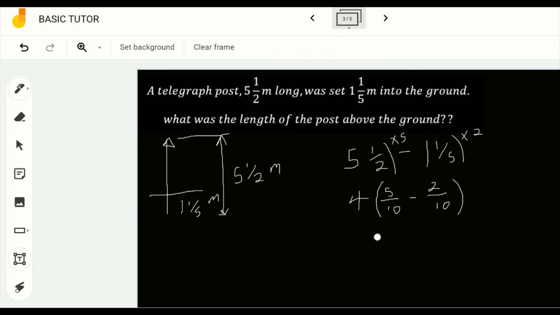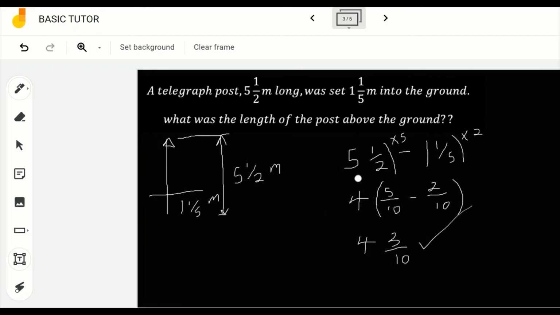So as you can see, I have the same denominators, which is very easy to compute. So we have 4 whole number, 5 minus 2 is 3 over 10. So our answer is 4 3/10. This is the length of the post above the ground.